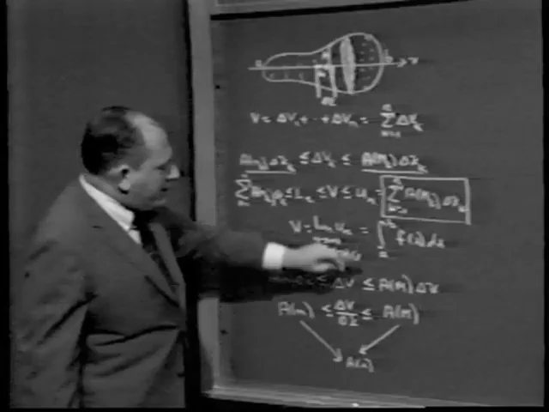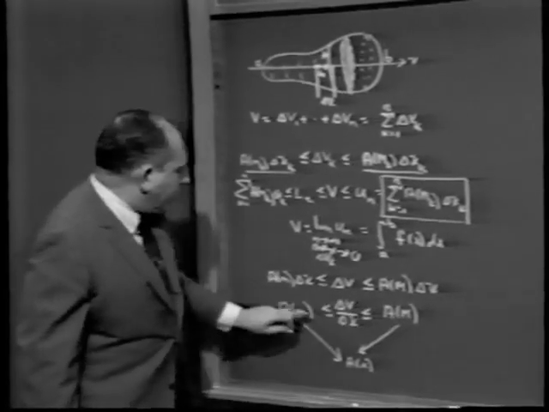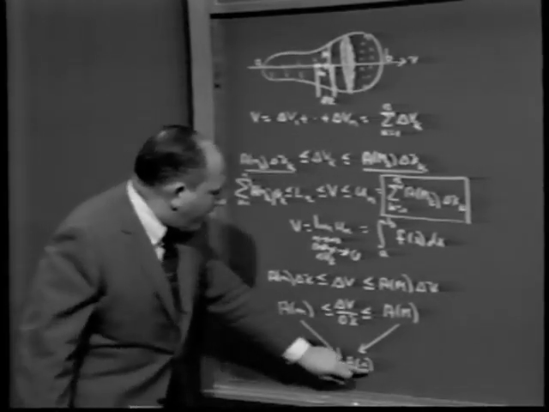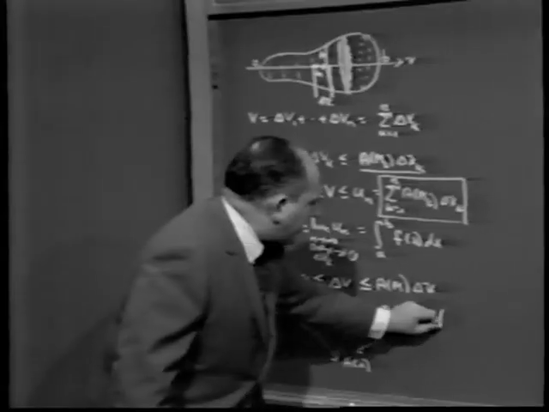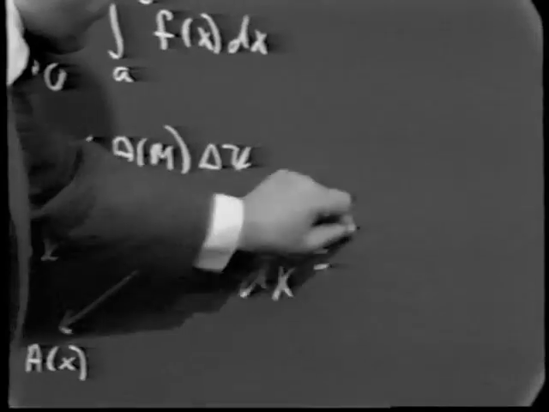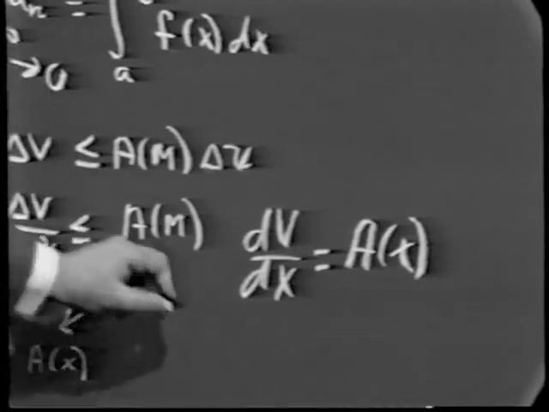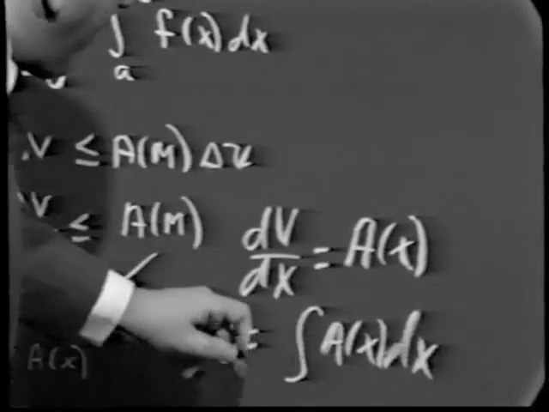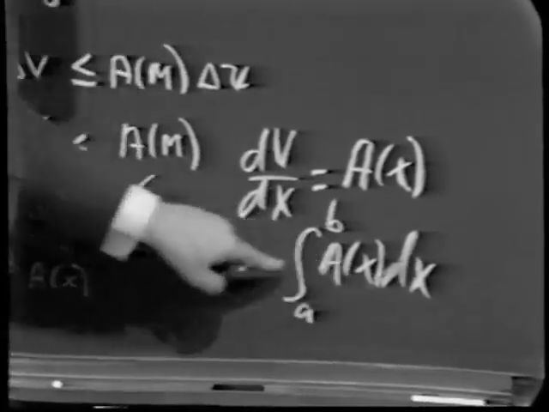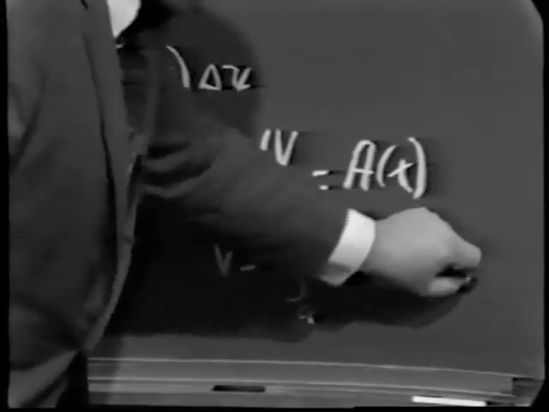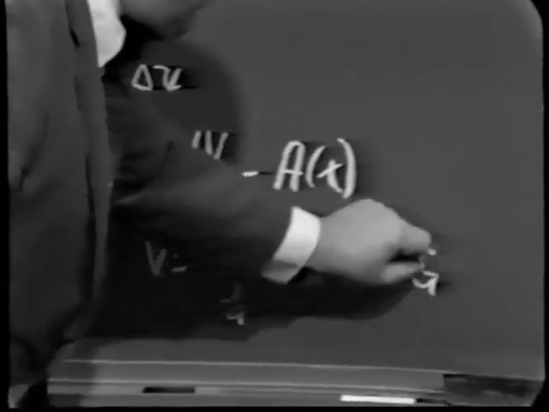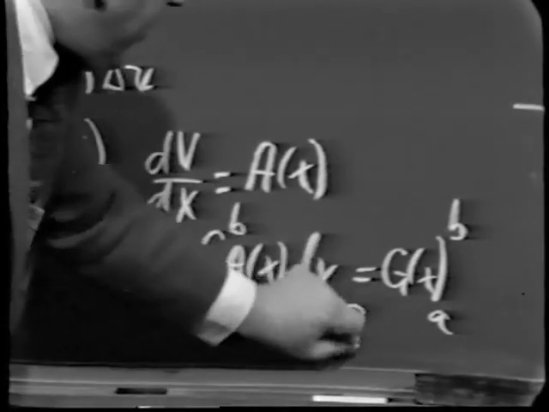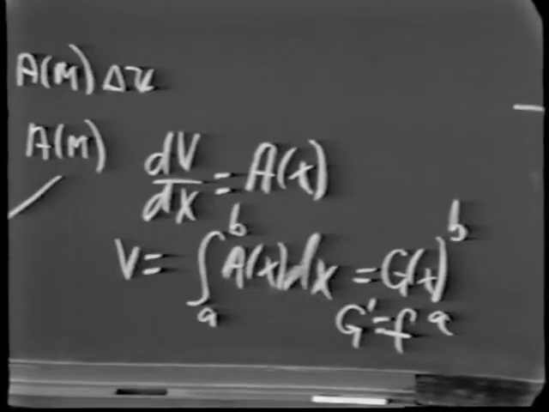And since A is assumed to be continuous, if capital M and little m approach x, A of capital M and A of little m approach A of x, and we arrive at, by differential calculus, that dV/dx is A of x, and therefore V is again equal to the integral of A of x dx as x goes from a to b, where now by differential calculus this means what? It simply means g of b minus g of a, where g is any function whose derivative is f.